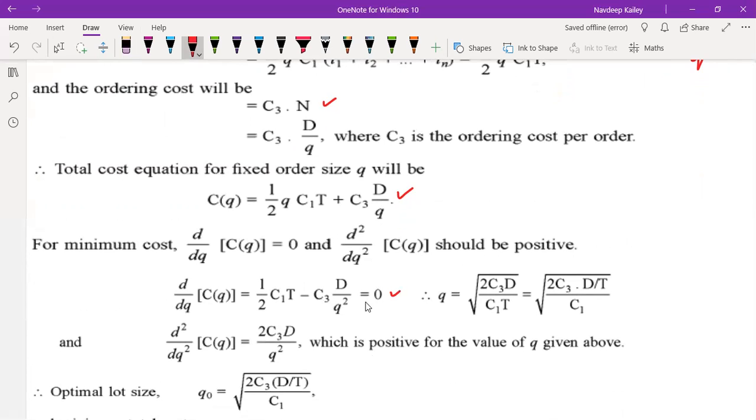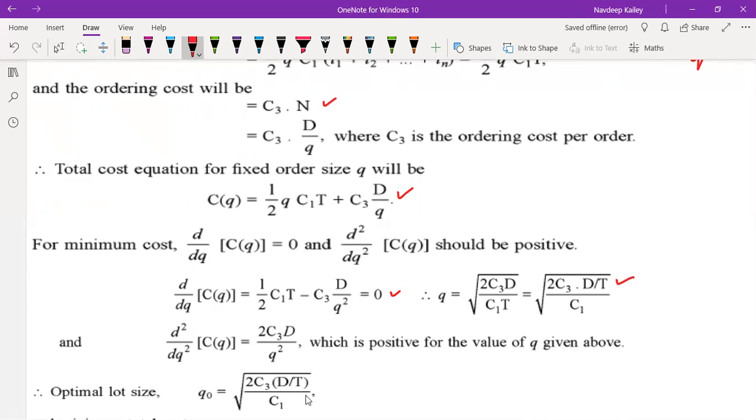Equate it to 0. After equating it to 0, we will get Q as square root of 2 capital C3 capital D upon capital T C1. And for this value of Q, the second derivative is always positive.